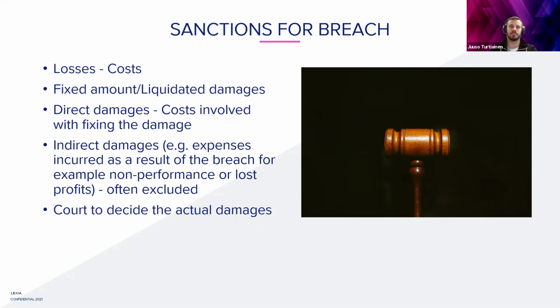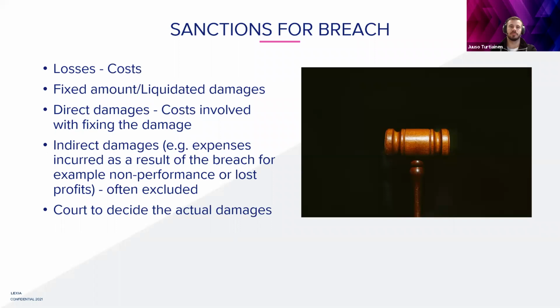And as mentioned, direct damages, these are costs involved with fixing whatever has been breached. And just as a definition, indirect damages are, for example, expenses incurred as a result of the breach, non-performance or lost profits. And as mentioned, these are often excluded. And if taking forward the breach of the agreement, this goes to the dispute resolution process.